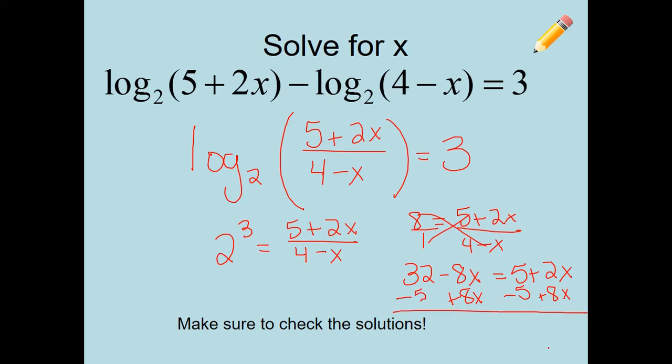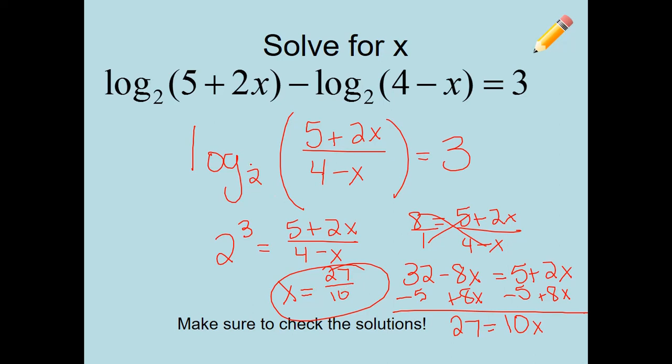So I'll get 27 equals 10x, or x equals 27 over 10. It looks like that will be my answer, or 2.7 if you want the decimal equivalent.